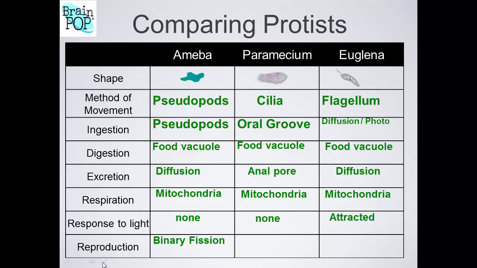Remember what I told you they sometimes can do? Rania? One nucleus is split from the other one. Yeah, they can exchange micronuclei. That's called conjugation. They also can just split in half through binary fission. And the euglena also reproduces through binary fission. So a lot of similarities between these protists, but with some big differences in terms of how they move, how they excrete waste.